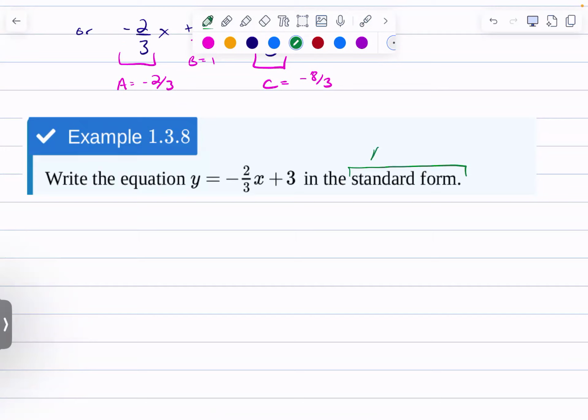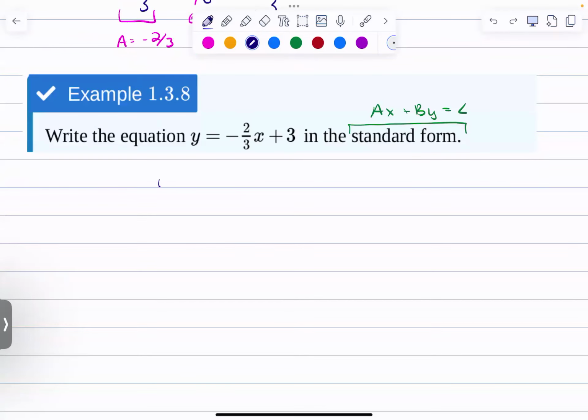At this point, standard form is ax plus by is equal to c. Not too bad, right? We just did a way more complicated version of this question, but let's try it. And so I have y is negative 2 over 3x plus 3.